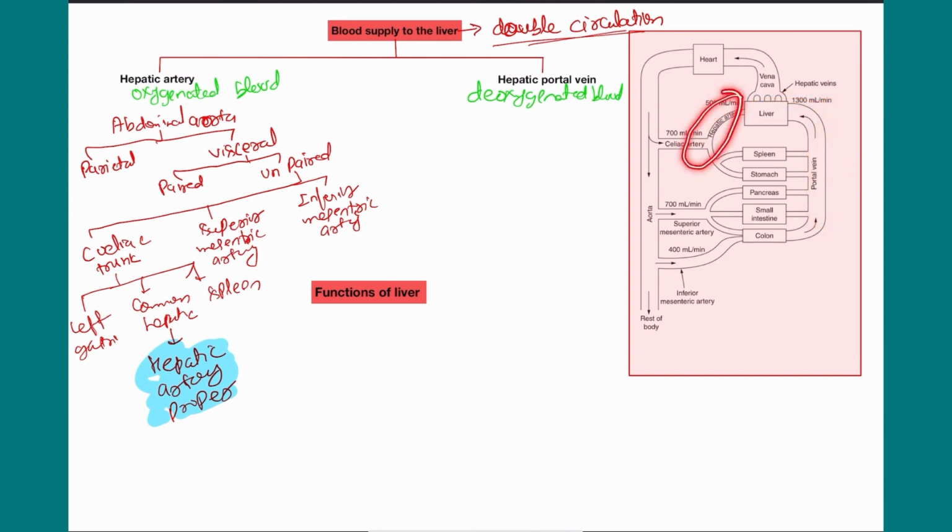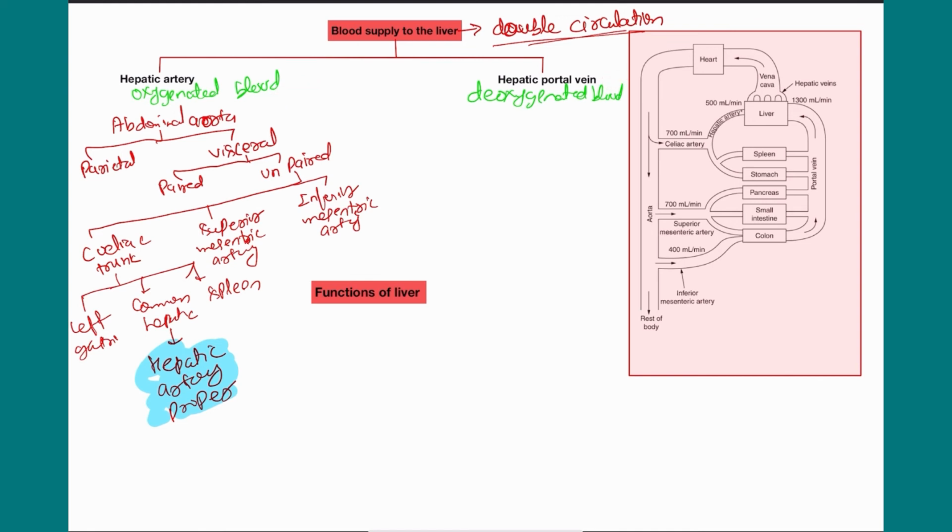So there is a dual, double circulation in the liver. The first is by the hepatic artery and the second is by the hepatic portal vein. The hepatic artery transports oxygenated blood and the hepatic portal vein transports deoxygenated blood.